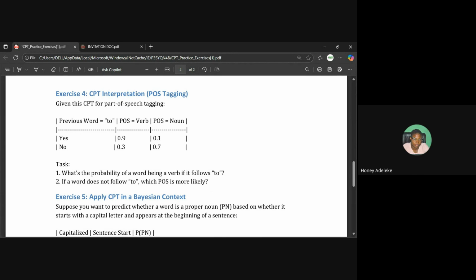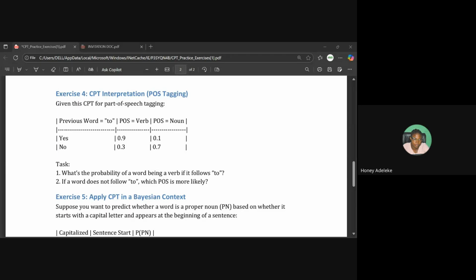From the table, you can see that if a word does not follow to, it has a 30% chance to be a verb and a 70% chance to be a noun. So noun has higher chances than verb for that kind of word. So that's why the answer should be noun. Okay, thank you very much.